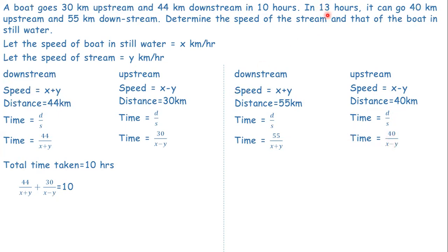Now here it is given that total time taken to travel upstream and downstream is 13 hours. That is time taken to travel downstream plus time taken to travel upstream is equal to 13. 55 by x plus y plus 40 by x minus y is equal to 13.